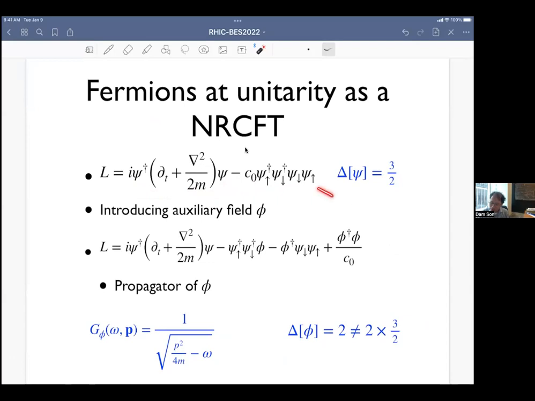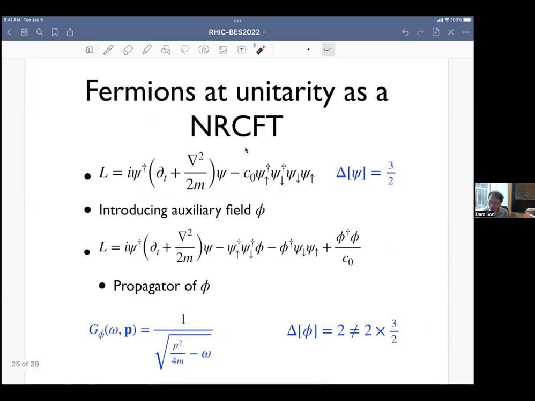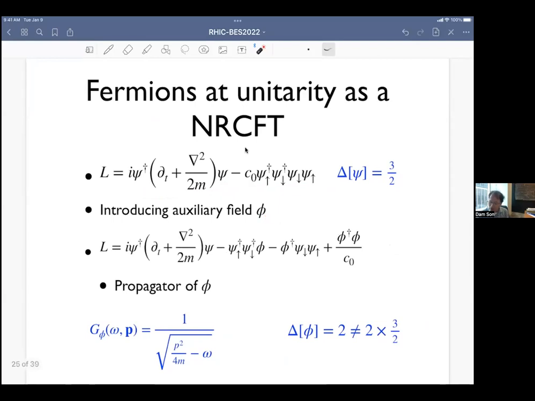This theory can be rewritten by using an auxiliary field phi, which is going to be useful. We rewrite the 4-point interaction between the fermions as mediated by some object called phi. So this phi here doesn't enter the Lagrangian with a kinetic term. It's just an auxiliary field at this moment.